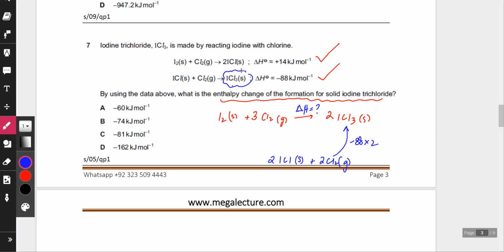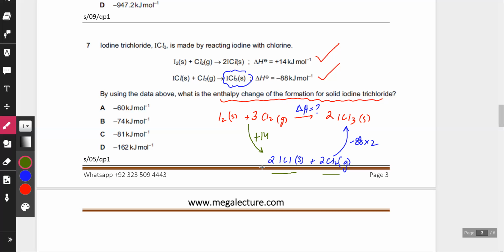Now the other part is that the I2 and Cl2 are reacting together to form ICl solid. So I think it's this path. This one is 14. The reason I say that's the path is because I2 and Cl2 are reacting to form two ICl solid, right? So if I2 and one Cl2 react, how many Cl2s would be left? Two of them, right? So do you get this part that this path over here is plus 14? Is that clear?